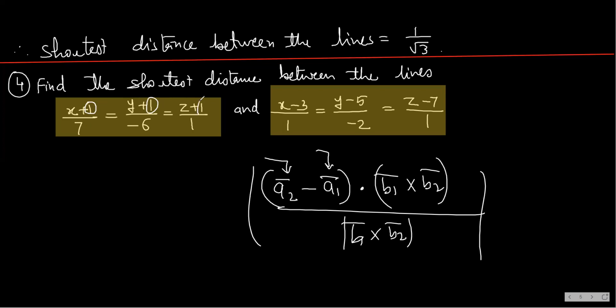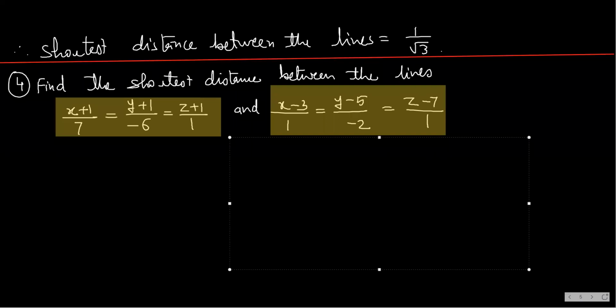These numbers I will have to write in the symmetric form, that is x minus x1, y minus y1. B1 bar is a vector parallel to the line, B2 bar is also a vector parallel to the line, so these two vectors we will get from the denominators. Just wait, in a short while the whole picture will be clear.